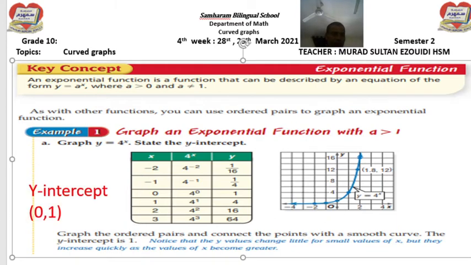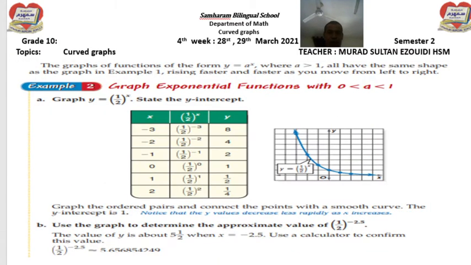Okay, now we move to the second part. We told that the graph of a function of the form y equal a to the power x, where a is positive and greater than 1, all have the same shape. Okay, this is symmetrical, vice versa, with respect to the y-axis. You can see this before.